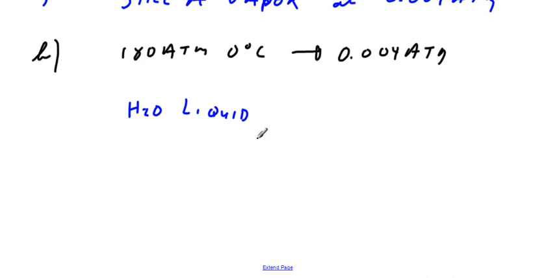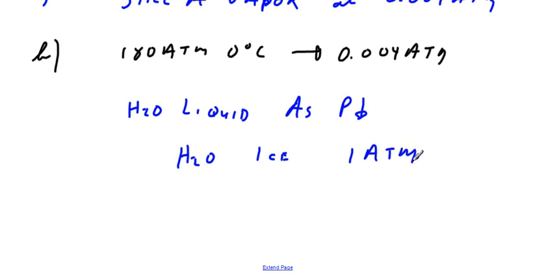So as the pressure decreases, the water becomes a solid. The H2O turns to ice. And that'll happen around 1 atmosphere.